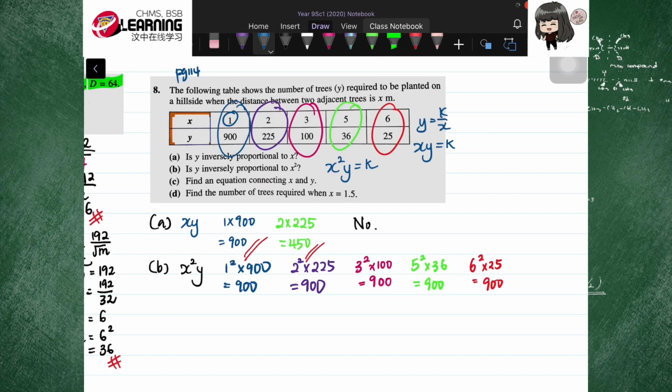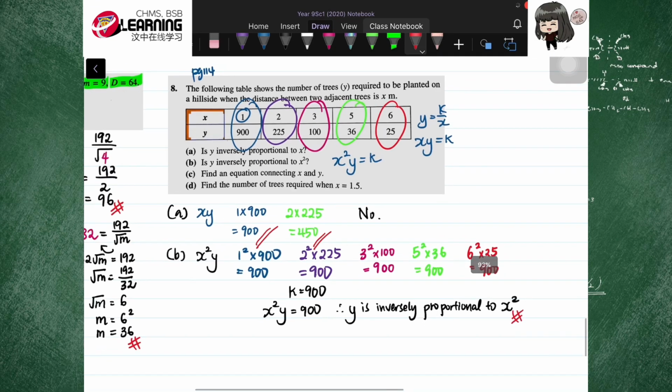So we can say that the constant here is 900. So x squared times y equals 900. So we can say that y is inversely proportional to x squared. There you go.